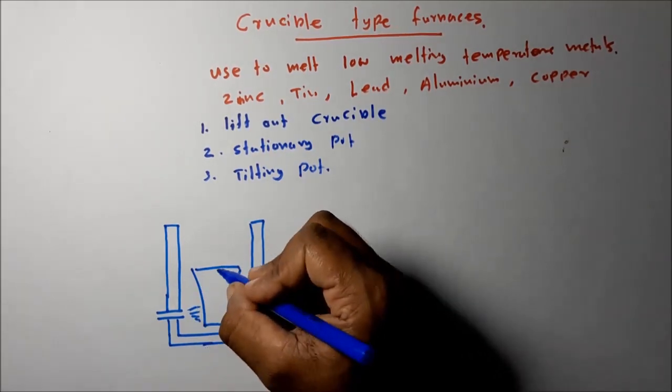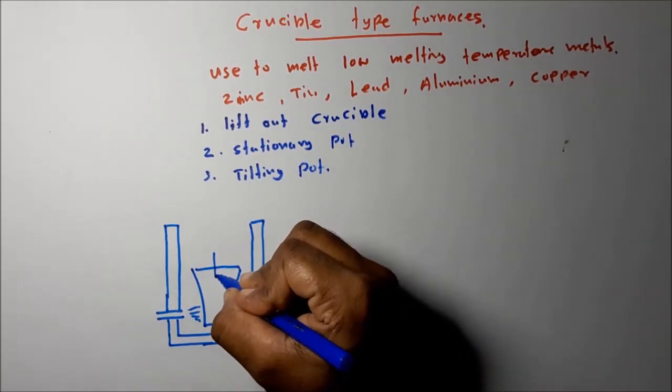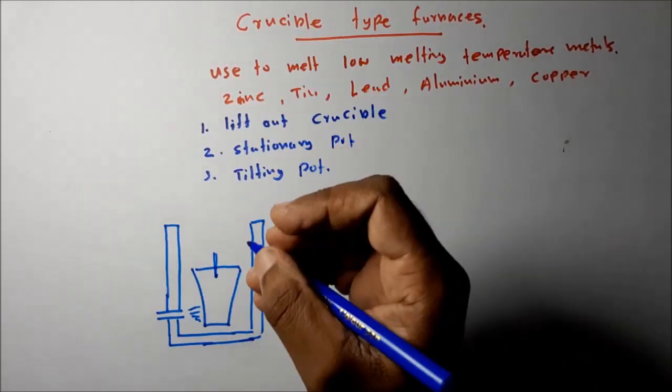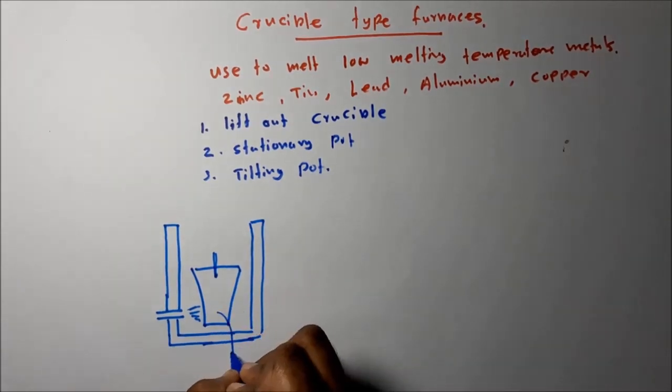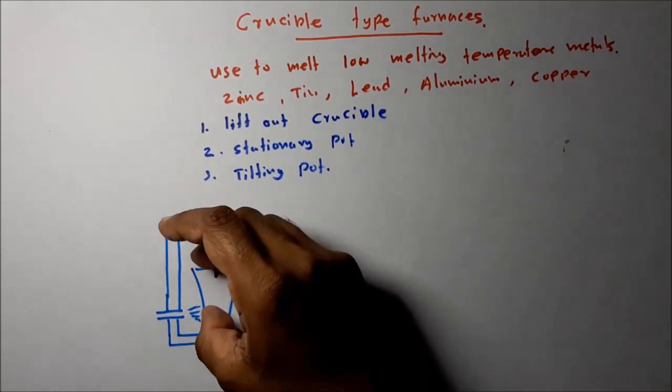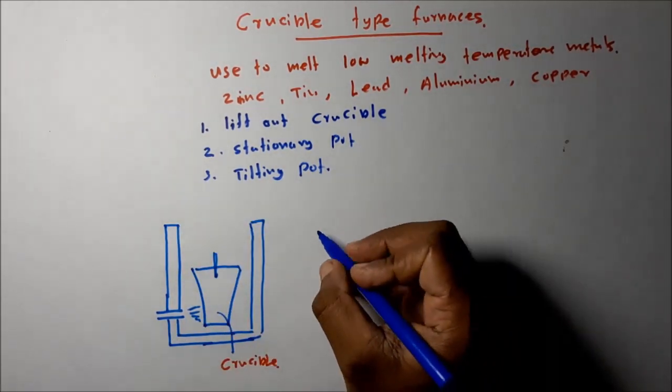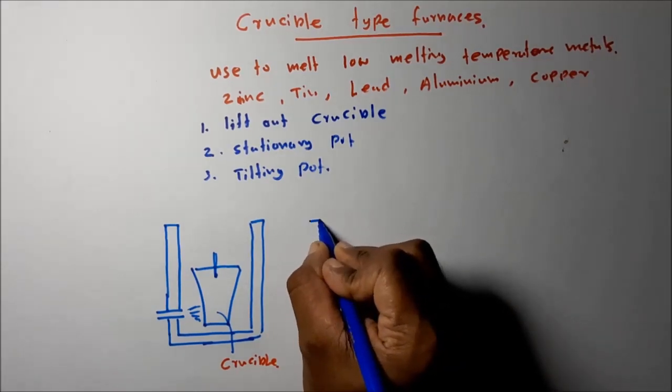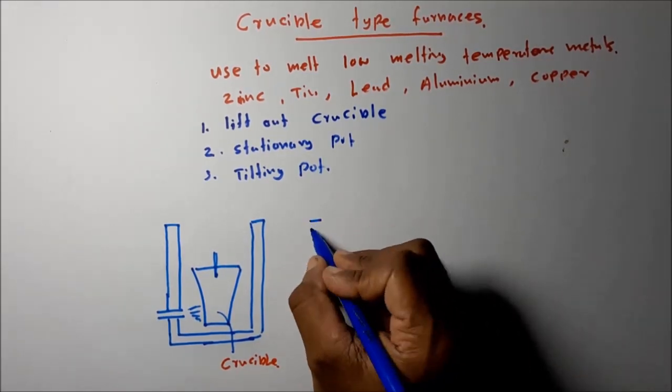After melting, the crucible can be lifted out. After melting, this crucible can be taken out. Then another type, the stationary pot type.